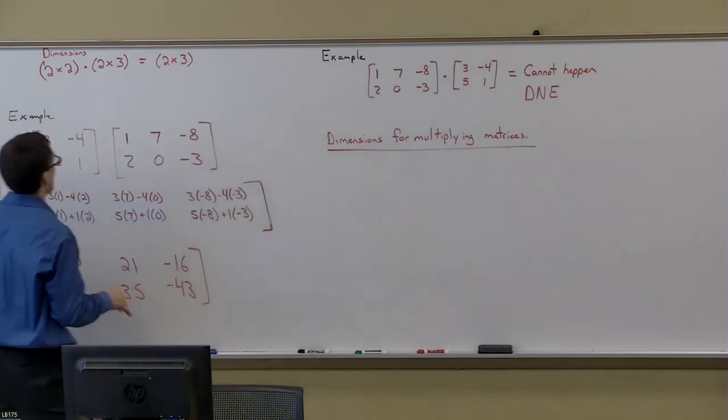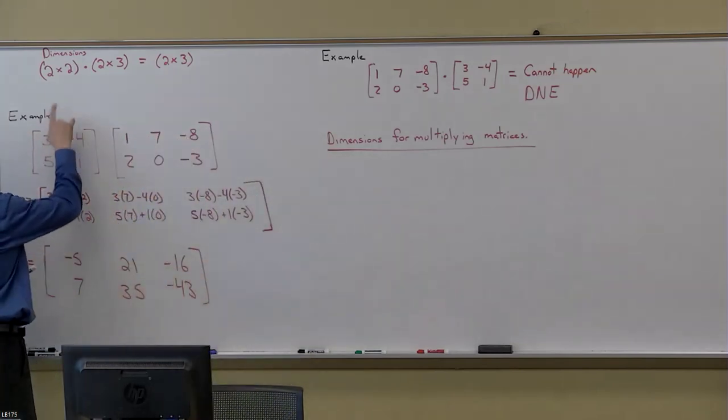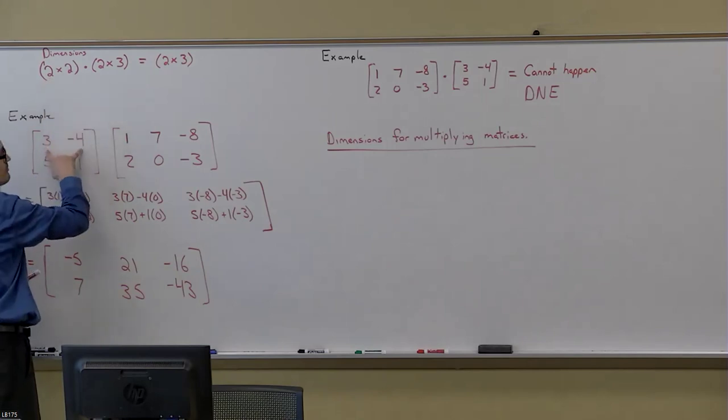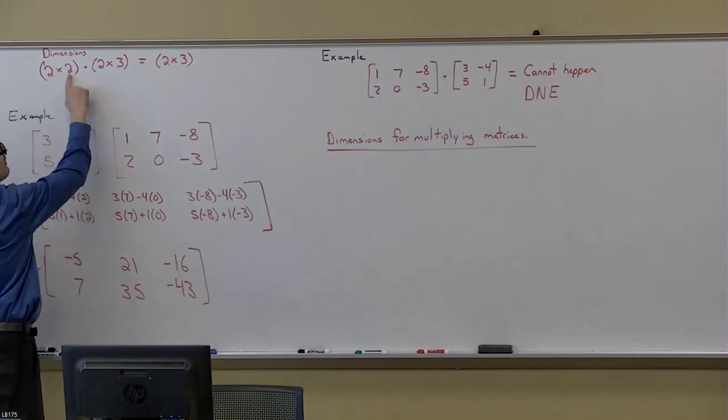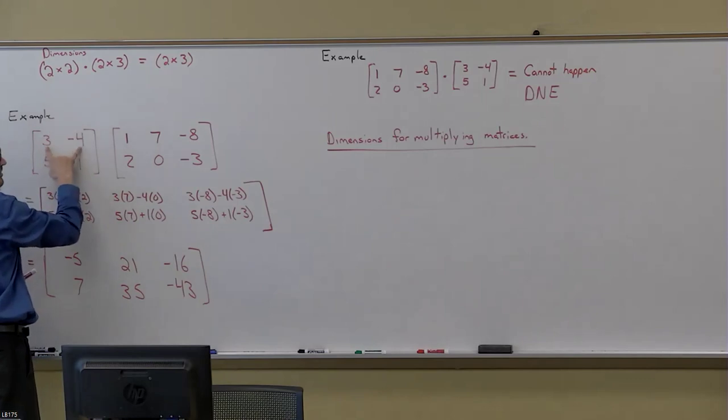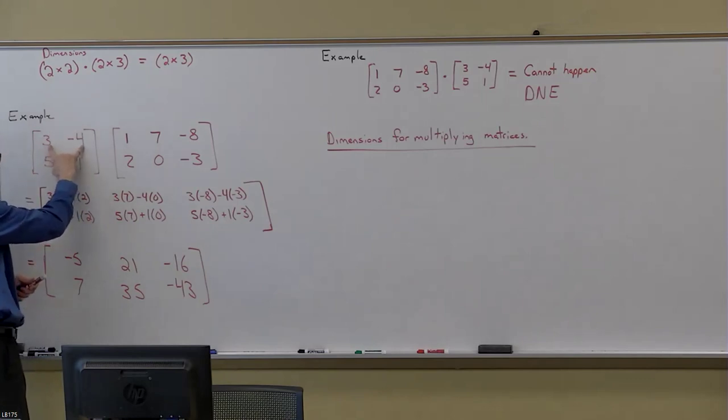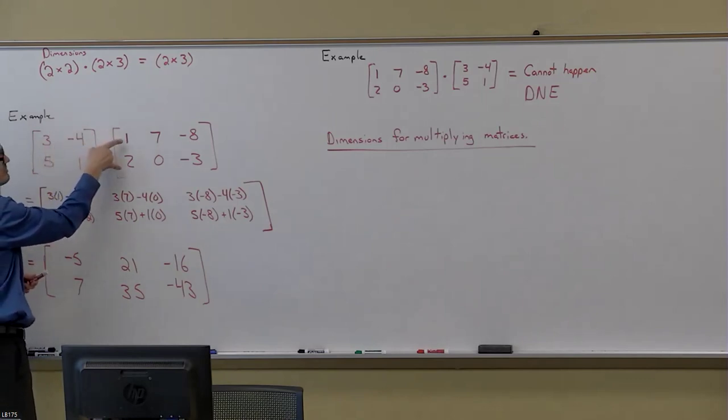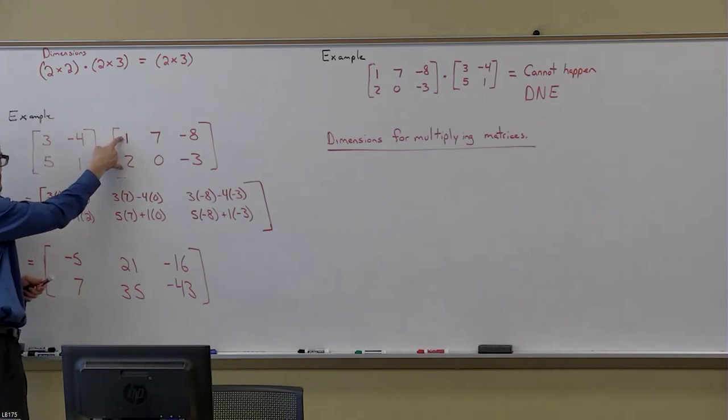It turns out that the reason we could multiply is because the number of columns here, the number of entries in a row, matched up with the number of rows here.